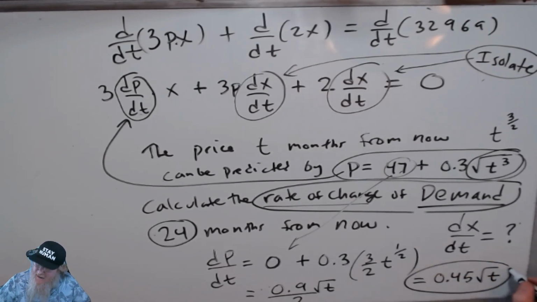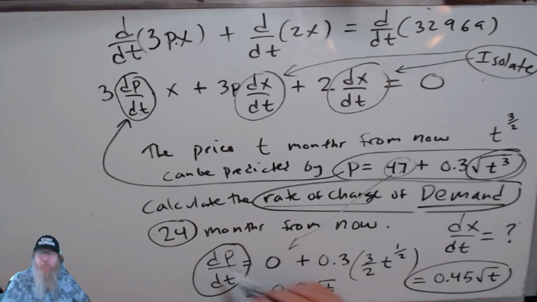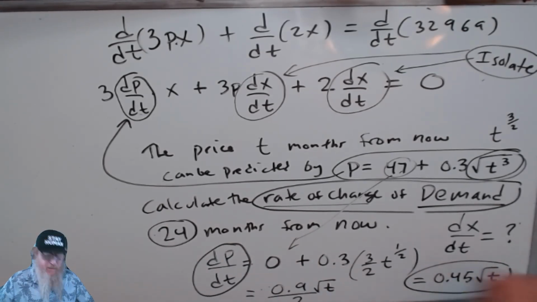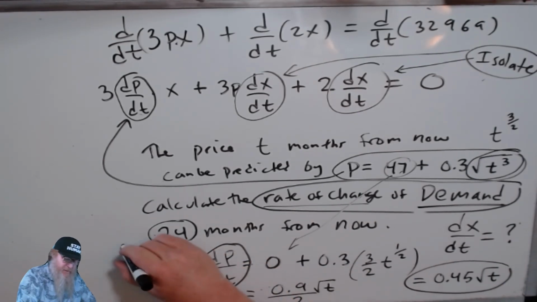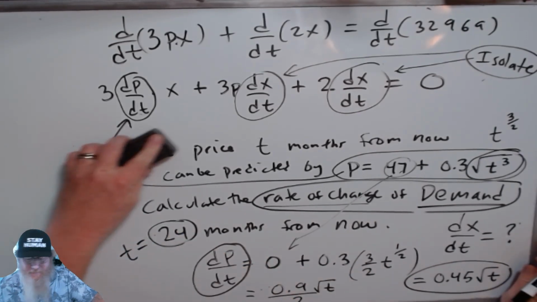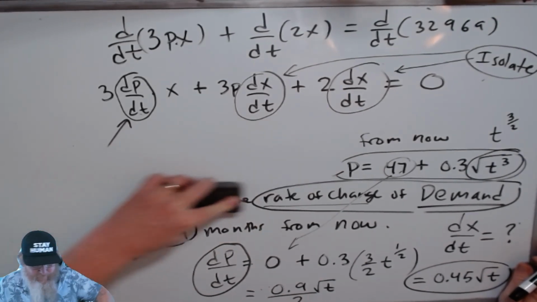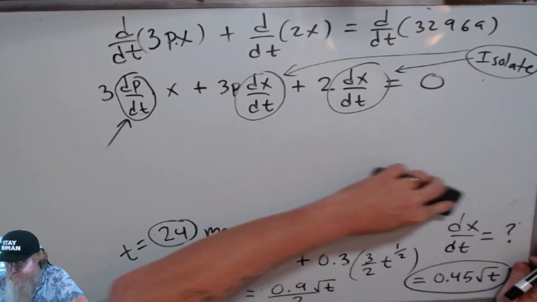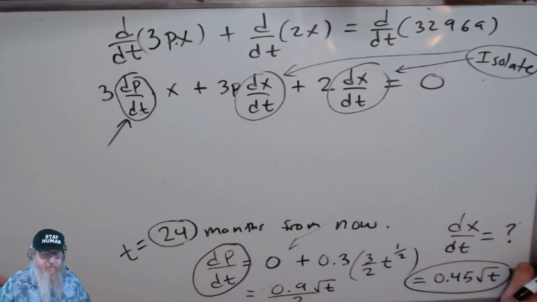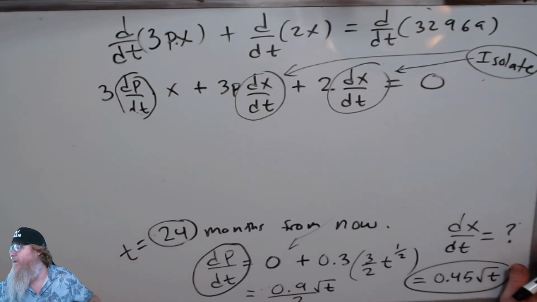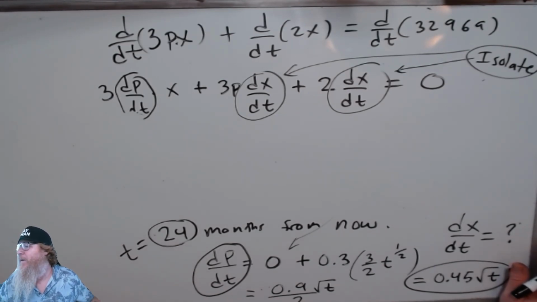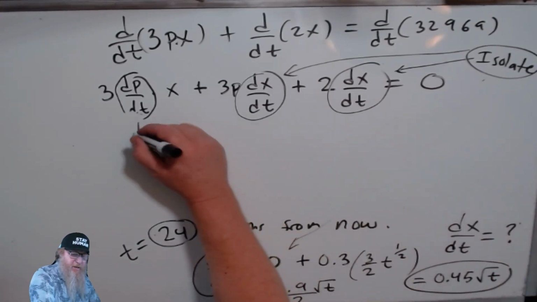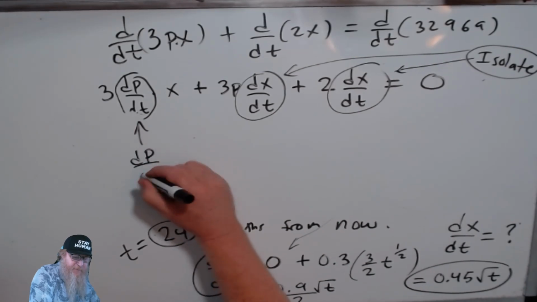So this is our rate at which the price is changing. 24 months from now, that's our value of t. So we're looking for dp dt.